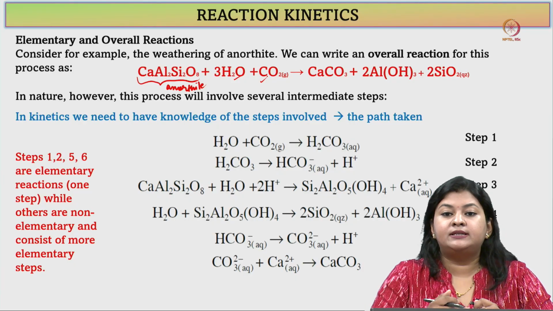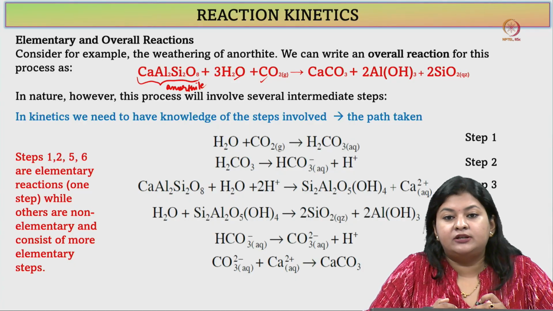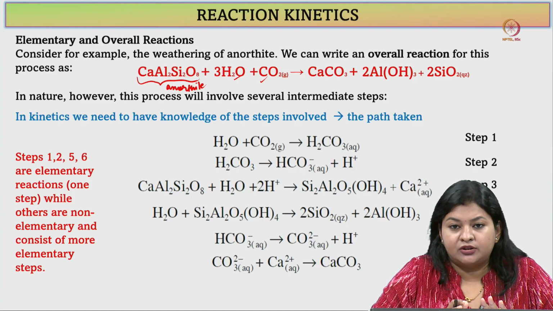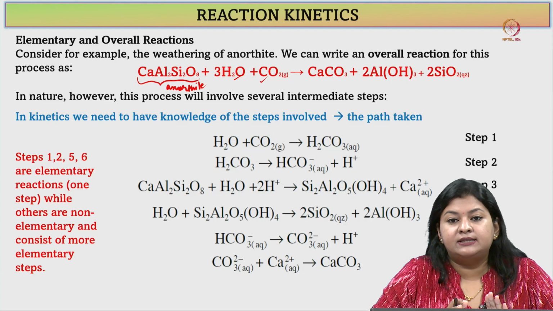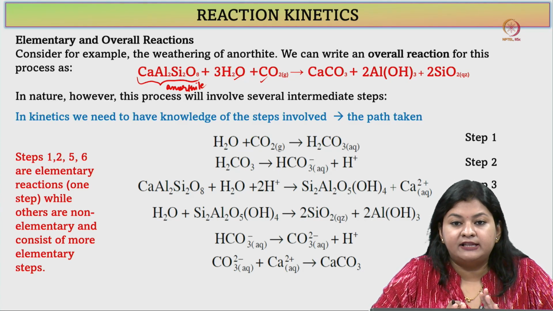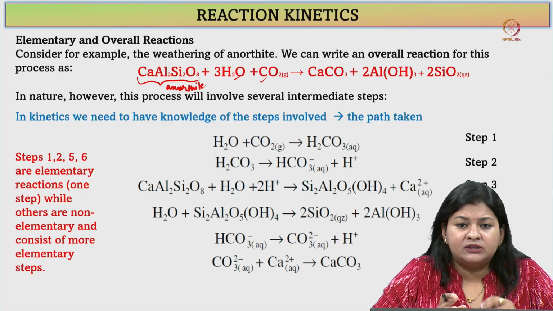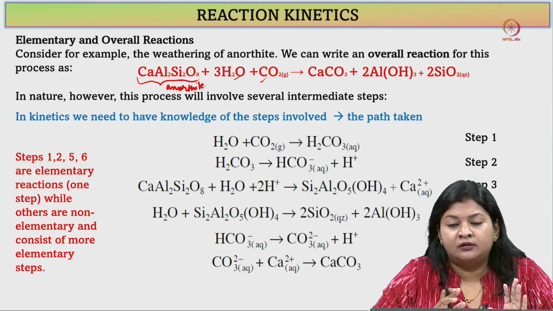Anorthite is naturally found in feldspar rich rock, as anorthite is a type of feldspar. You can find it in any type of silicate rock, mostly granite, a very common mineral, and that is getting weathered.